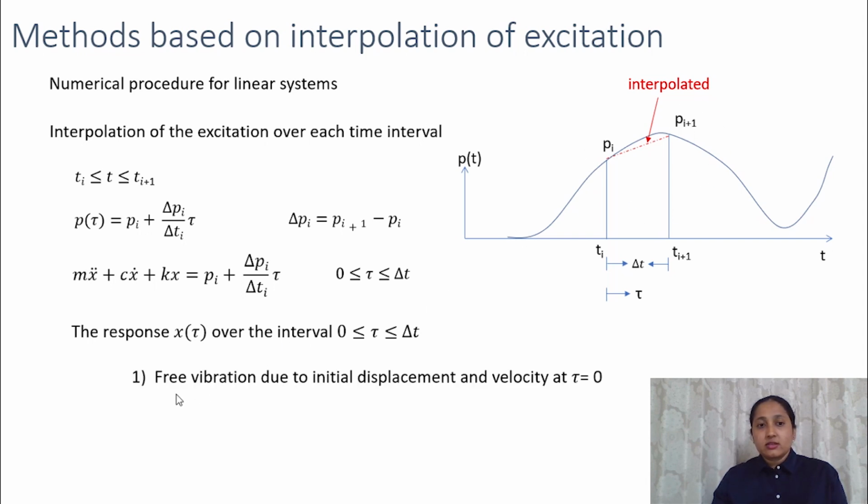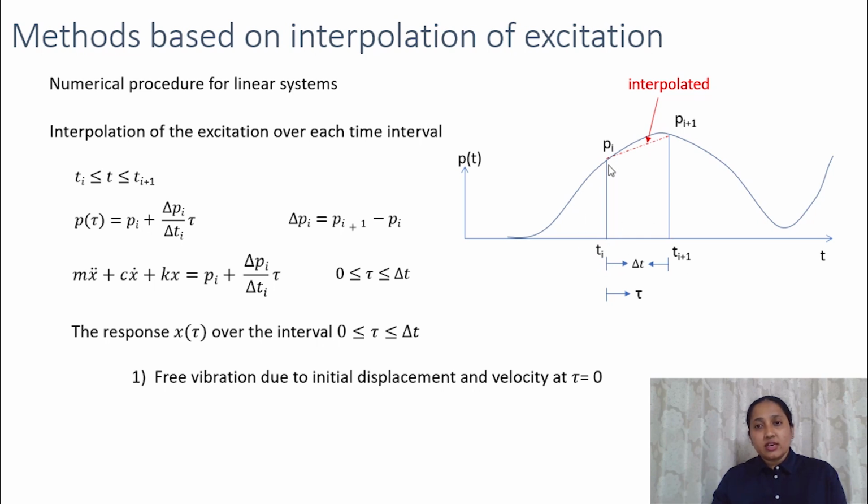First one is the free vibration due to initial displacement and velocity at tau is equal to 0. That is, at time is equal to Ti, this single degree of freedom system will have some displacement and velocity. So that will be the initial displacement and velocity for this time interval, that is the time interval between Ti and Ti plus 1.